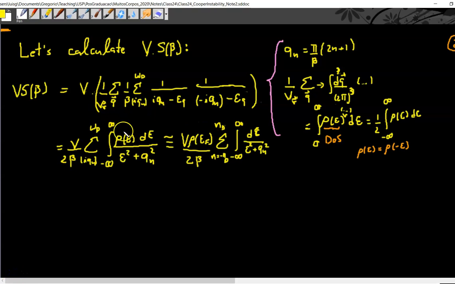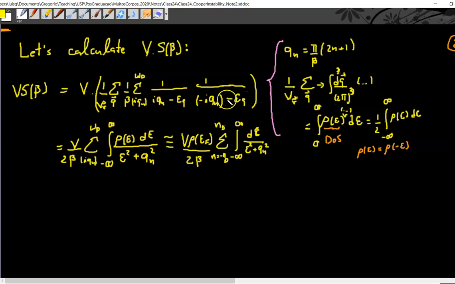So I have now replaced this with the integral in energy, and since this density of states is symmetric in energy, I can do this trick of taking the integral from minus infinity to infinity and put a 1/2 here, right? So that's what I'm doing here. This factor of 2 goes here, and now I have the Matsubara frequency and this integral of what?